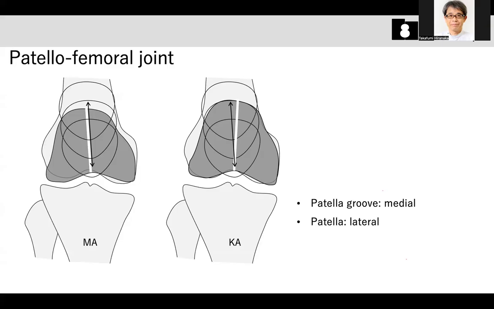The patella groove moves medial and the patella moves lateral. Eventually, patella lateral dislocation, subluxation, shifting or tilting are the concern after patellofemoral joint after kinematic alignment TKA.